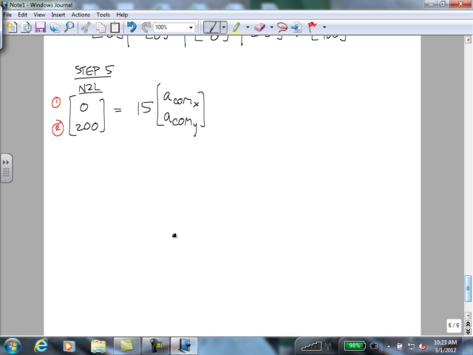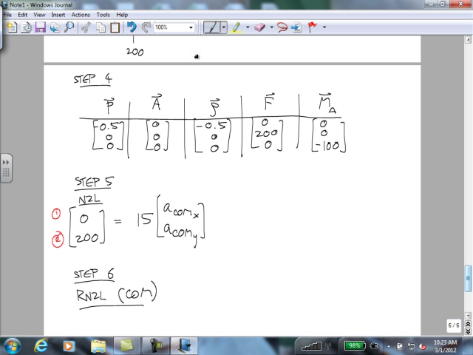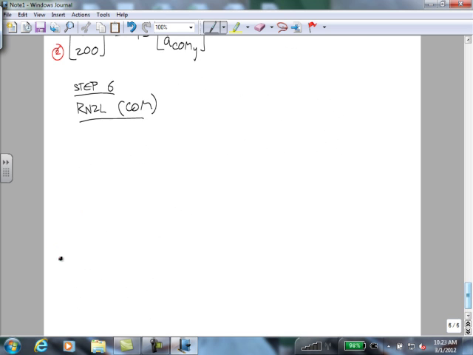Step 6 is Rn2L. We're doing it about the center of mass. 0, 0, negative 100, or I don't know, I'm going back and forth on this. Let's just do the z direction only for plain problems.